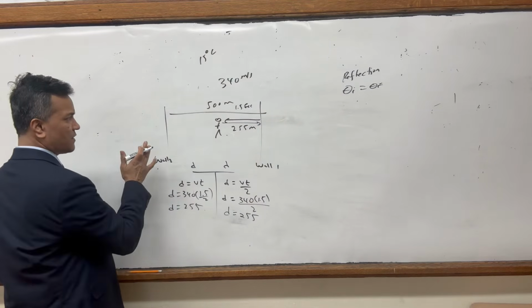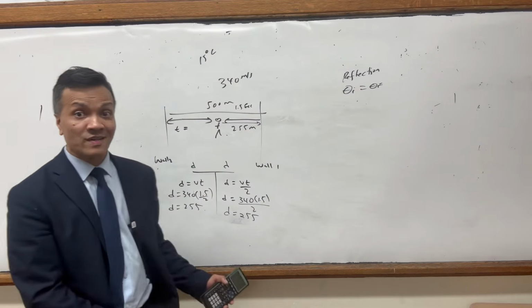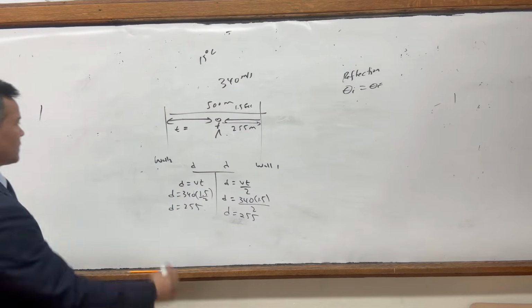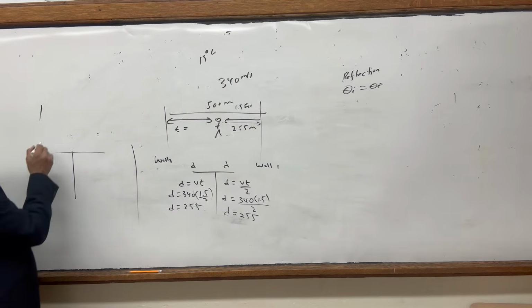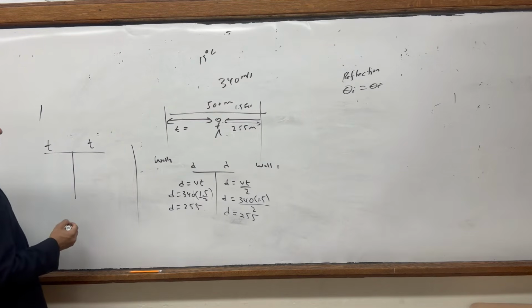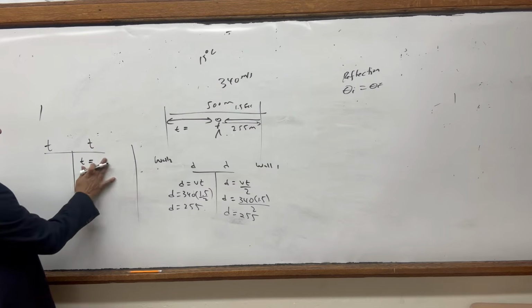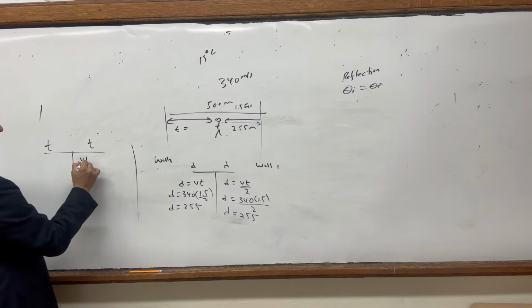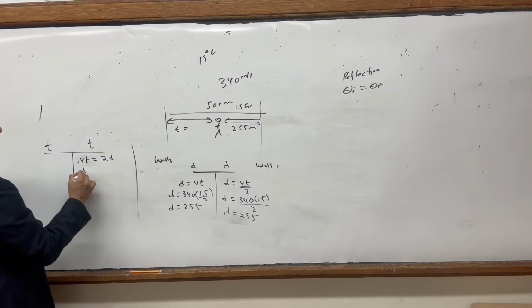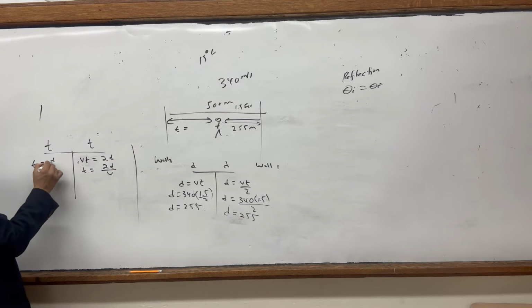Now we also want to find how long it takes for him to hear this. Again we're going to do it two ways. First we're going to find t. So t is 2d over v, and t is d over v.